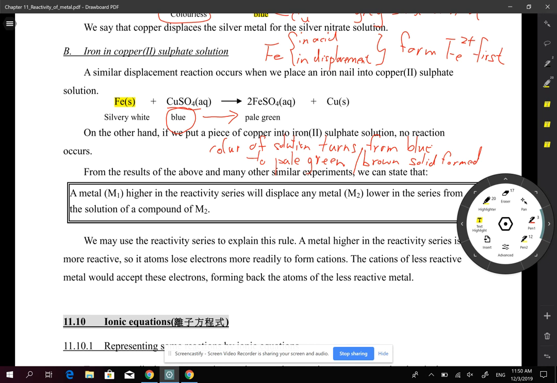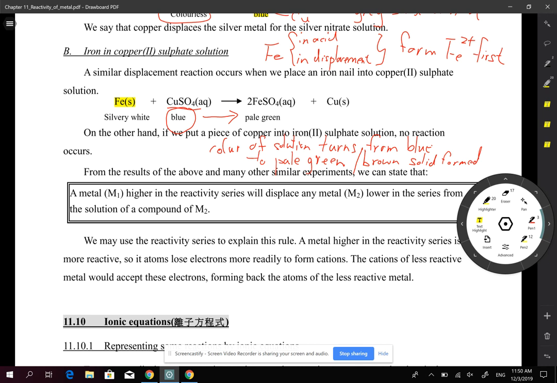Choose one metal which is higher in the reactivity series and one with a lower reactivity, the compound of the lower reactivity metal. Any suggestions? There are so many metals in the series. Can it be zinc in combination with silver? Can it? Okay, zinc.